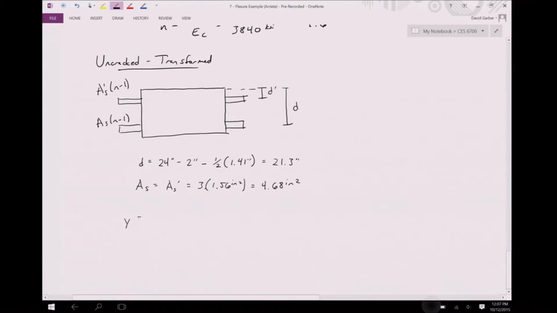And then the centroid of our section, we can find just taking the distance to each of the centroids of our areas. So first, looking at distance times the area. First we'll have the concrete area, so 24 inches times 36 inches times 24 inches over 2. Next we can do one of the steel areas.